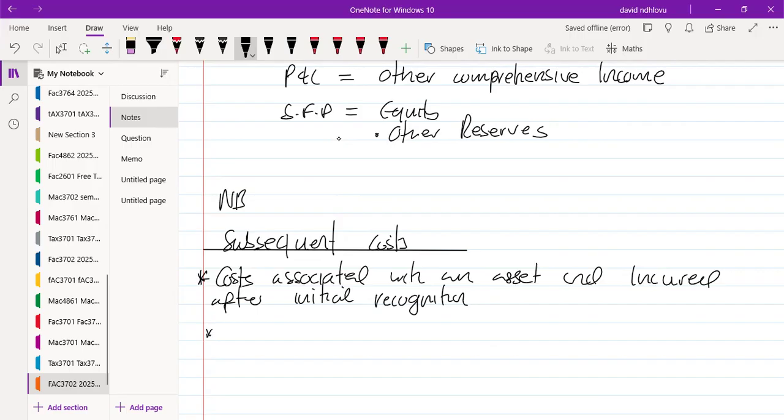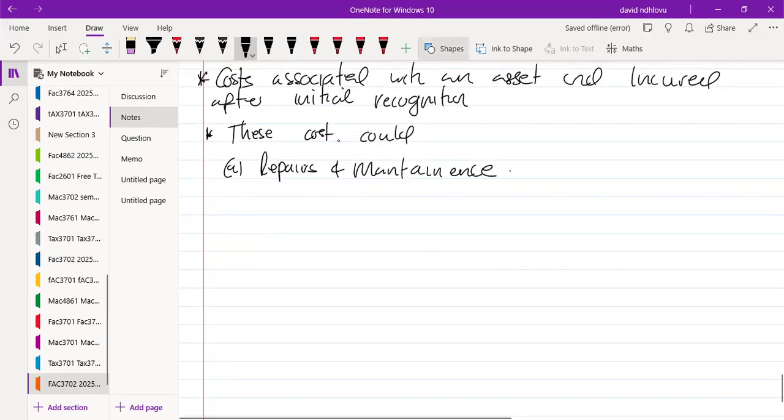These costs could be, number A, repairs and maintenance. If these costs are repairs and maintenance, we don't capitalize them. Repairs and maintenance simply means that we are restoring the asset back to its normal condition.